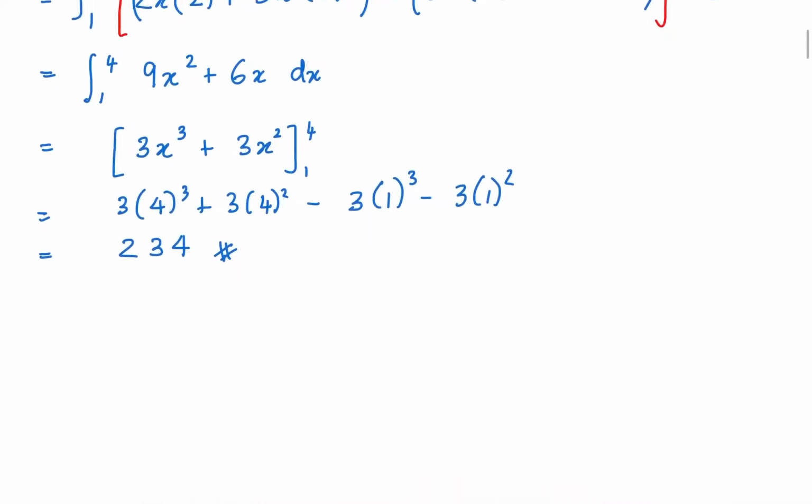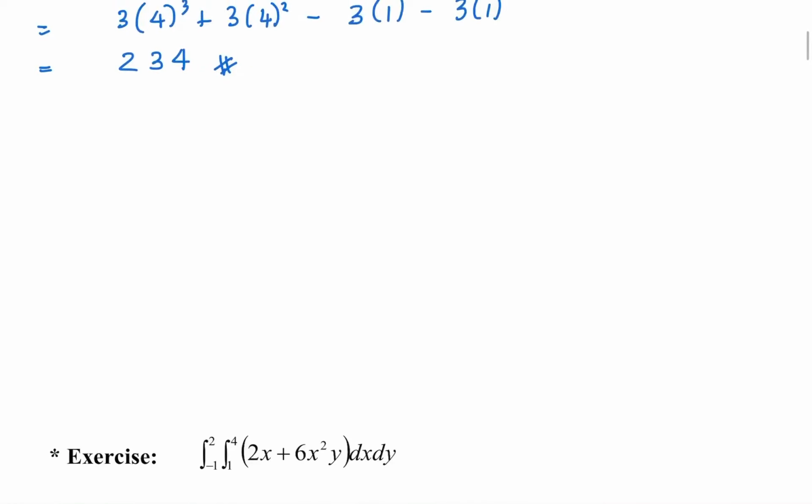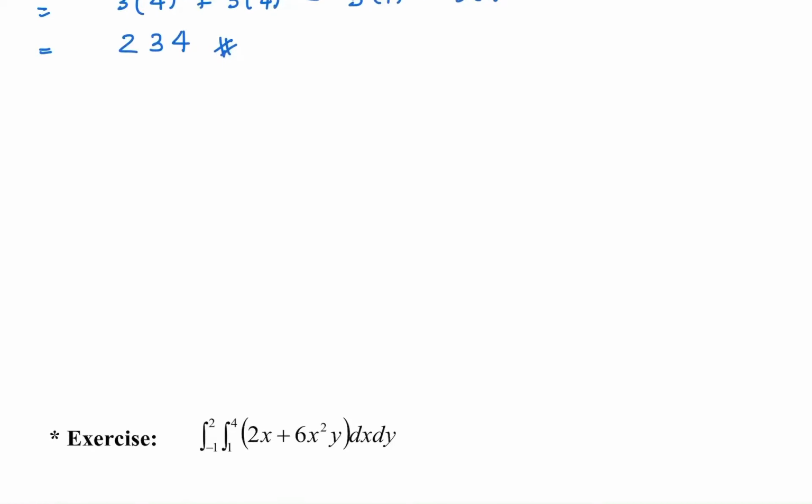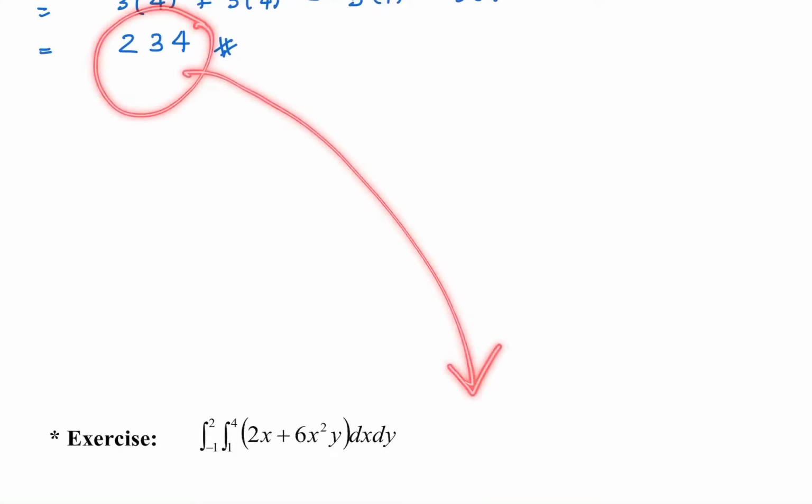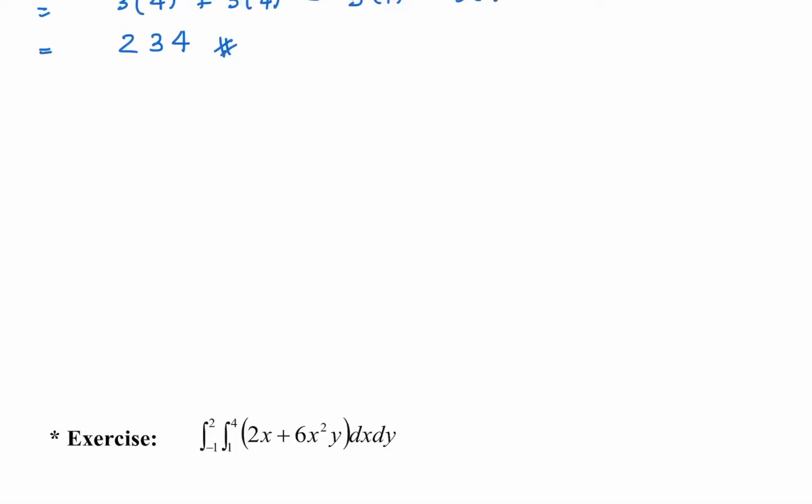So please do, if I change the order of integration into dx dy, that means you have to switch this. So what do you expect the answer is going to be? The answer is going to be the same as 234. So please do this as an exercise.